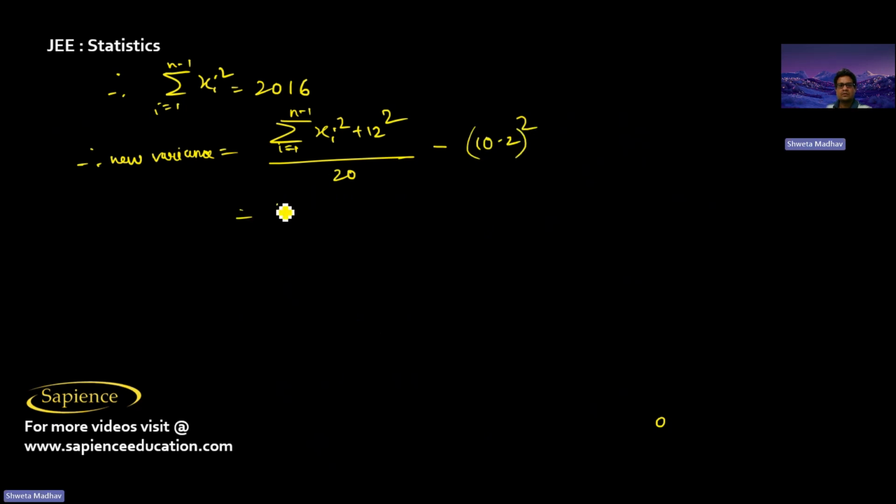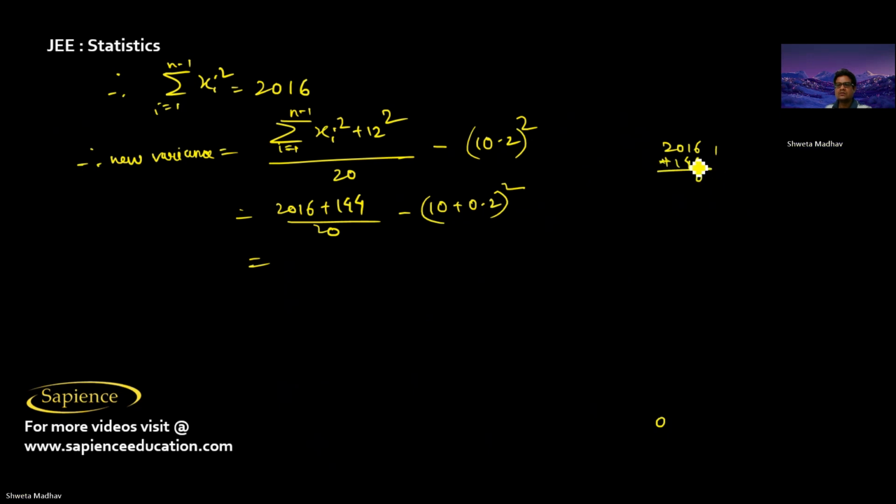This will be 2016 plus 144 divided by 20, minus 10.2 whole square, that is 10 plus 0.2 whole square.